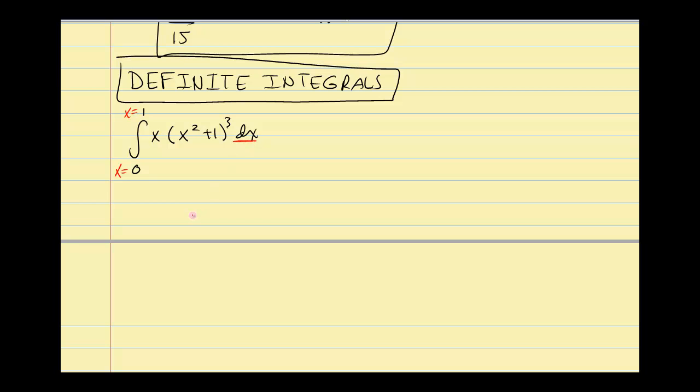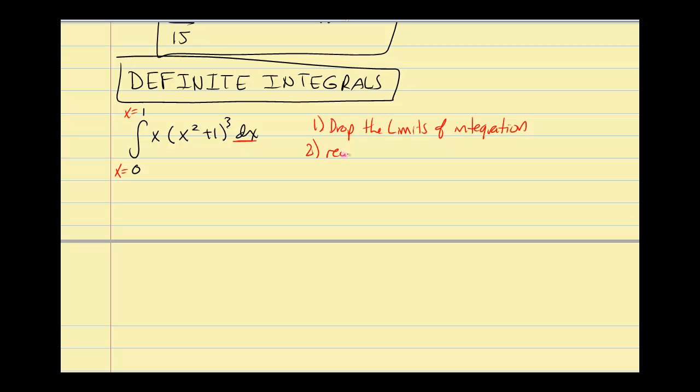So I have three things I can do. One thing I could do is drop the limits of integration. First of all, I'm going to use U-substitution on this, so that's why I'm going through all this. If I wanted to, I could expand this and distribute the x, but that'd be a lot of work. So I am going to use U-substitution on this. So I could drop the limits of integration and convert back to x at the end.